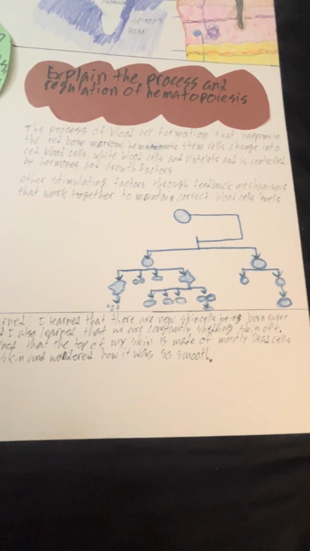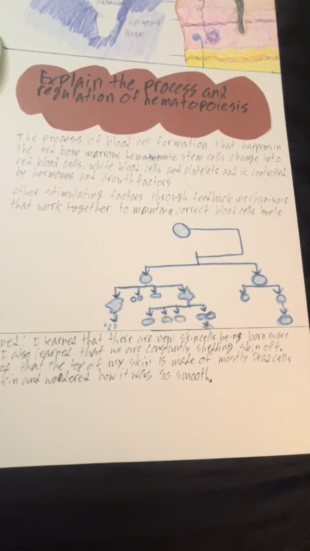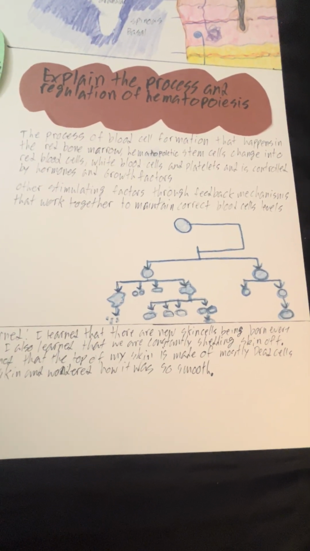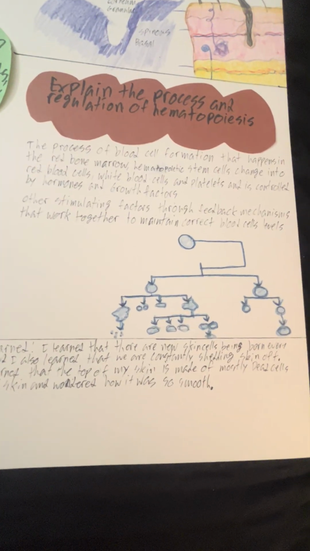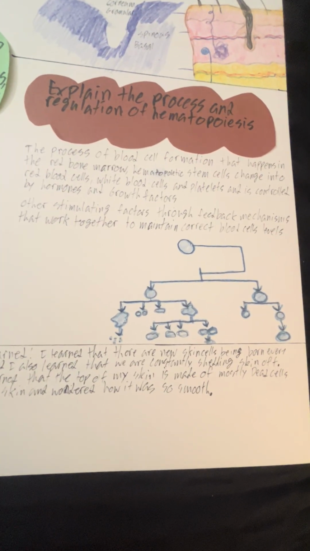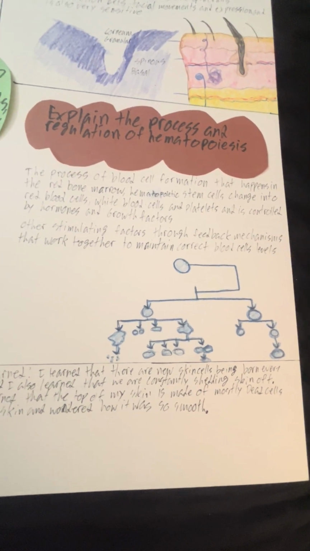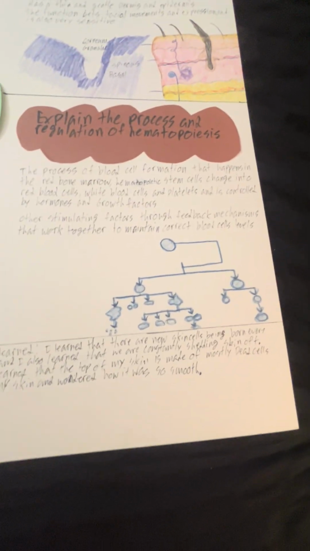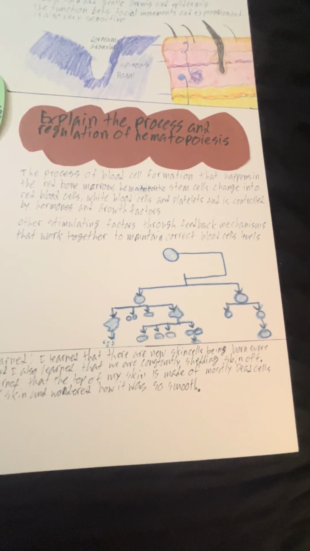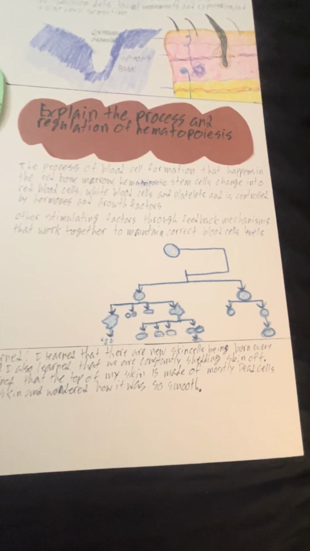If you have less genetics in this type of area, you'll have less red blood cells, white blood cells, and platelets. Other stimulating factors are feedback mechanisms that maintain blood cell levels. So if you have bad blood cell levels, then it means that the feedback mechanisms aren't working as well.